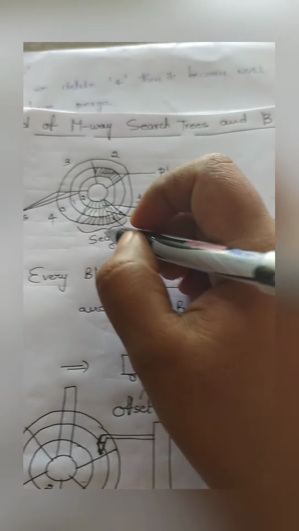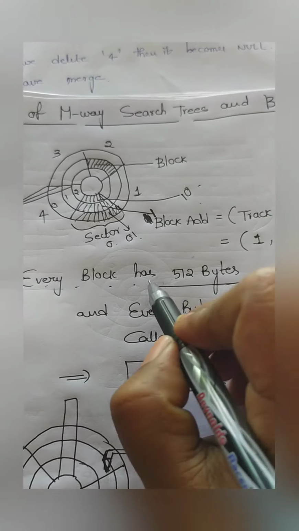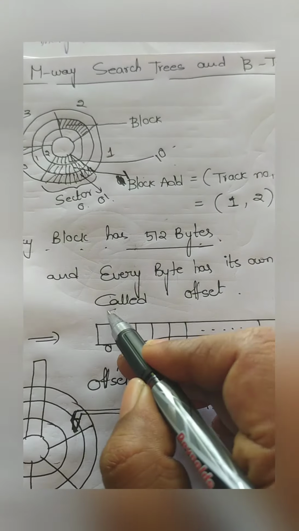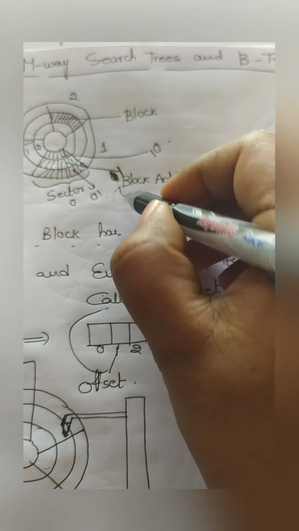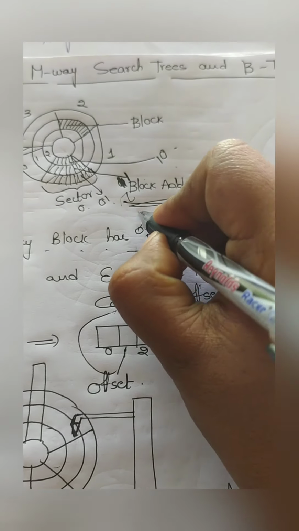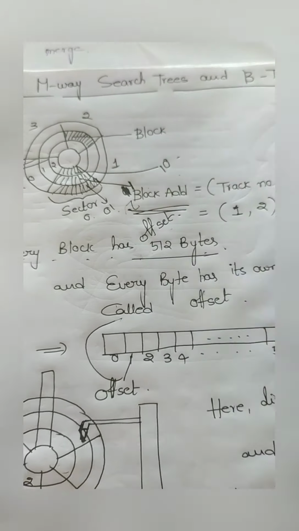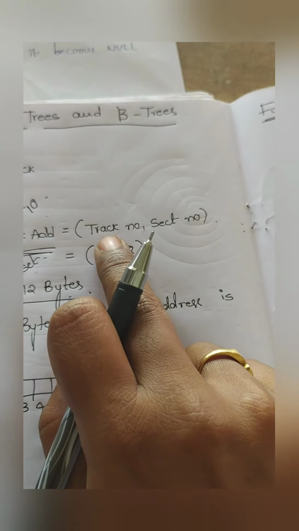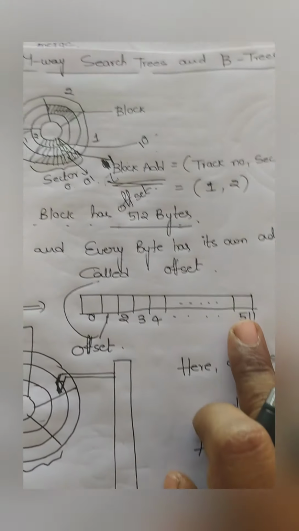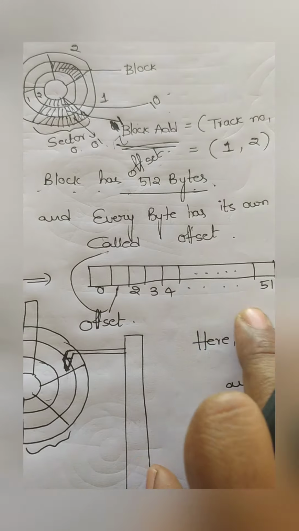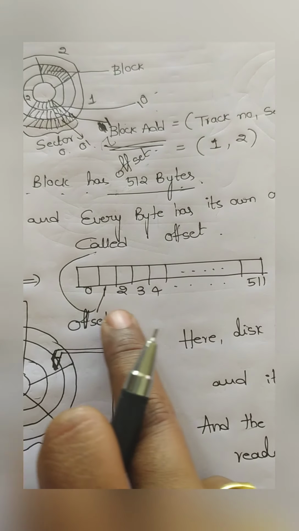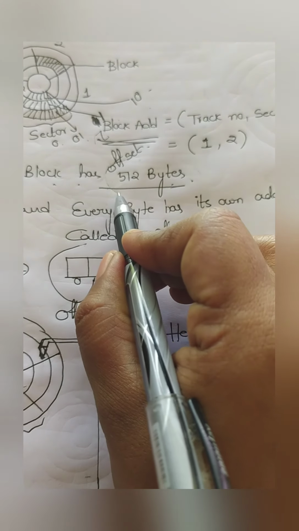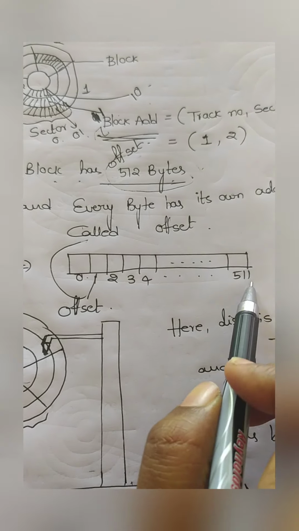Physically, every block has 512 bytes, and every byte has its own address called the offset. This offset can be located with the help of track number as well as sector number. This is the offset representation, that is 0 to 511. We have 512 bytes of block size, so 0 to 511.